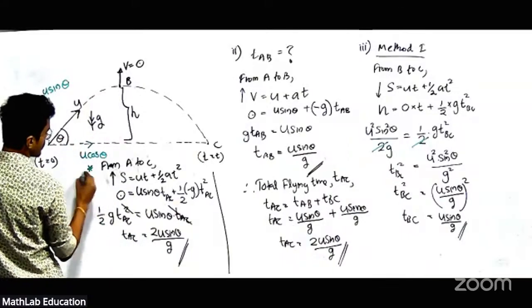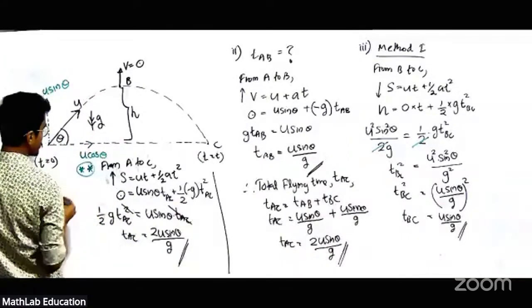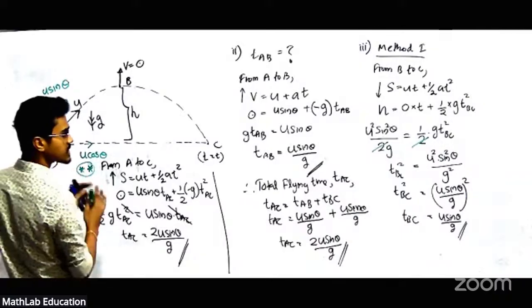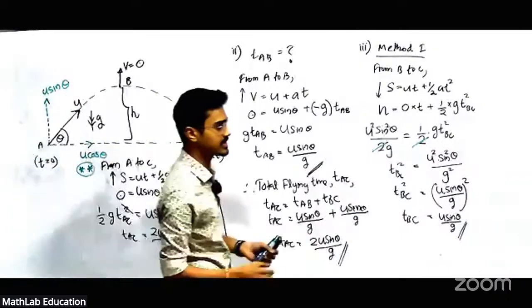This is the quickest and shortest method. Put some asterisk marks if needed. This is the shortest method and the easiest method. Shortest in the sense easiest.